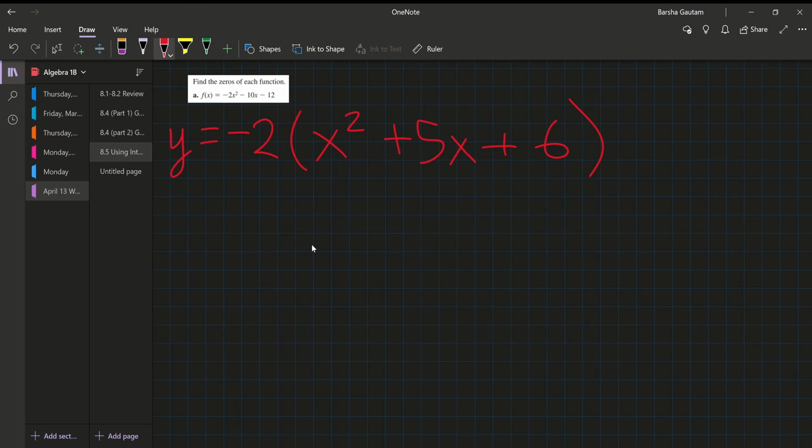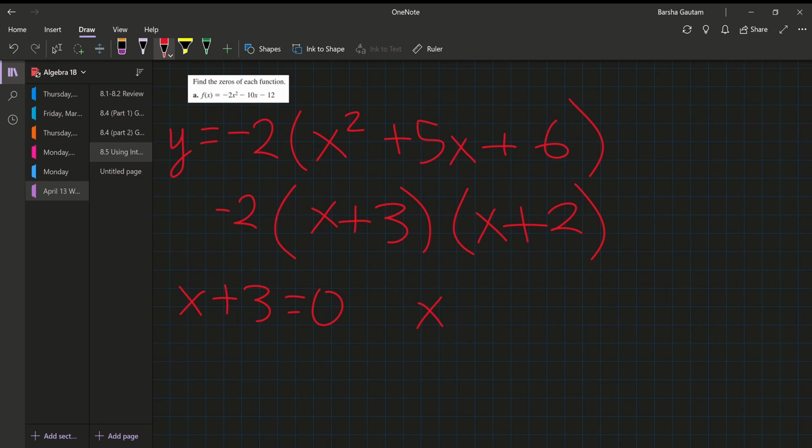So here, we can now factor this, and we're left with -2, and when we factor, we get x plus 3 and x plus 2. And when we find the zeros, we're going to do this. x plus 3 is equal to 0, and x plus 2 is equal to 0.